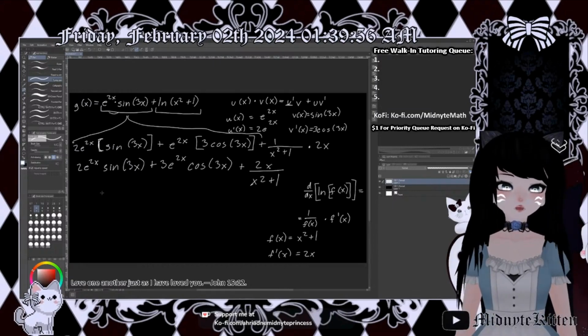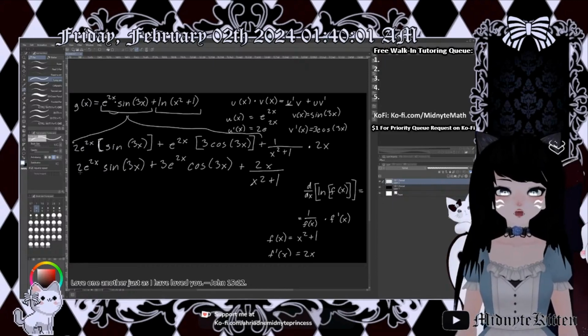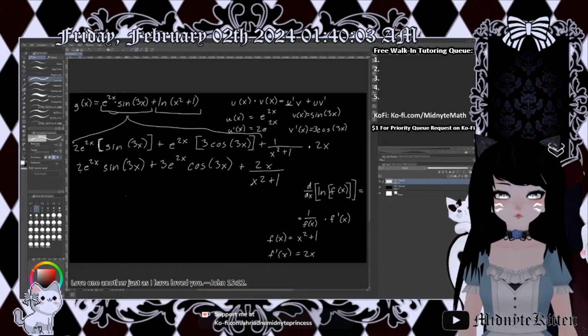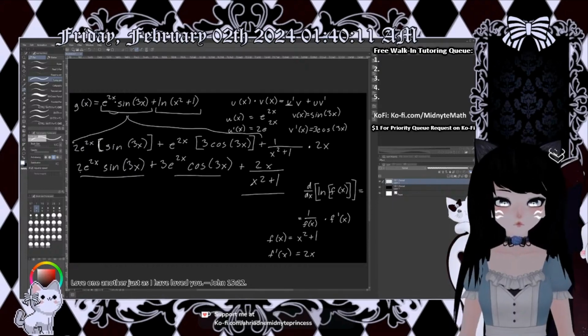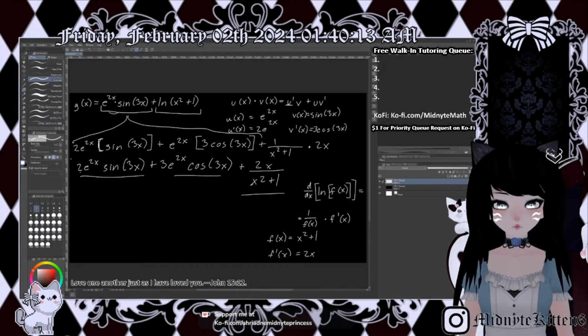And that is our answer. Factor out a 2 here, but I don't really think that's necessary. Oh, actually we can't because we have a 3 here. Now we have 3 terms. Okay, and this is our answer.